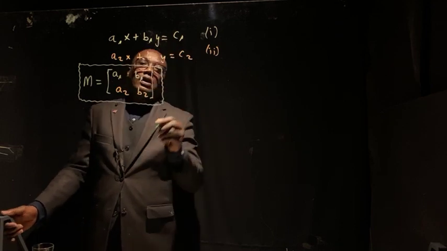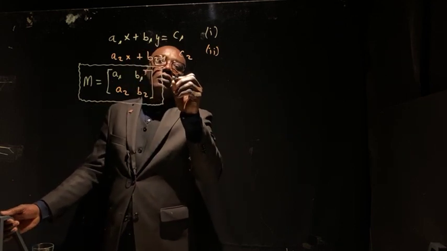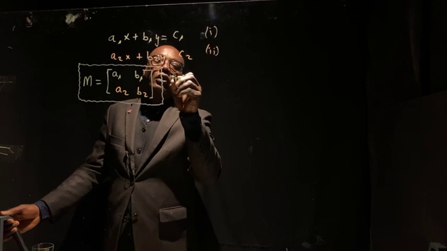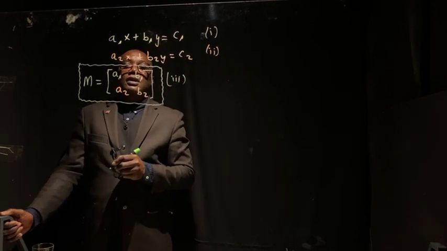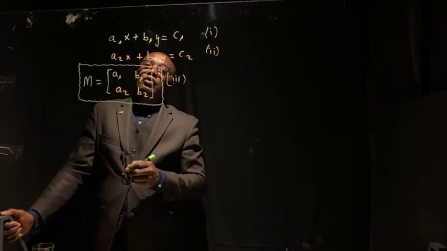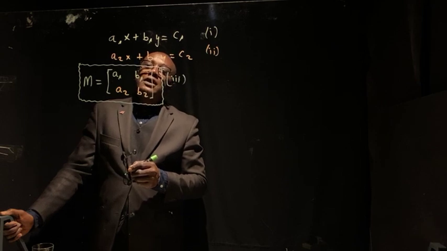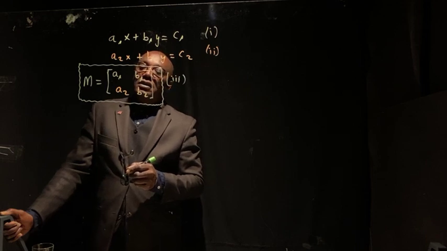For instance, this one, let me call it equation 3 at this time. Equation 3 is the matrix M. And then there's something that we do in matrices. We call it the determinant.